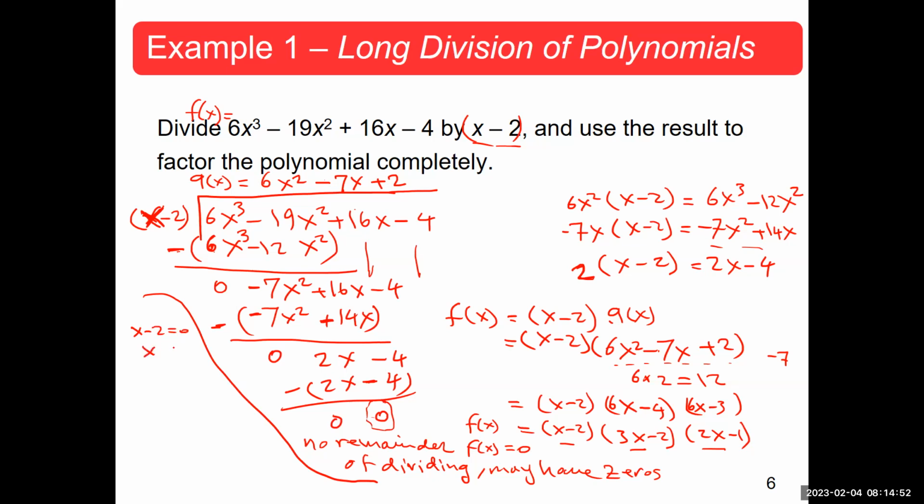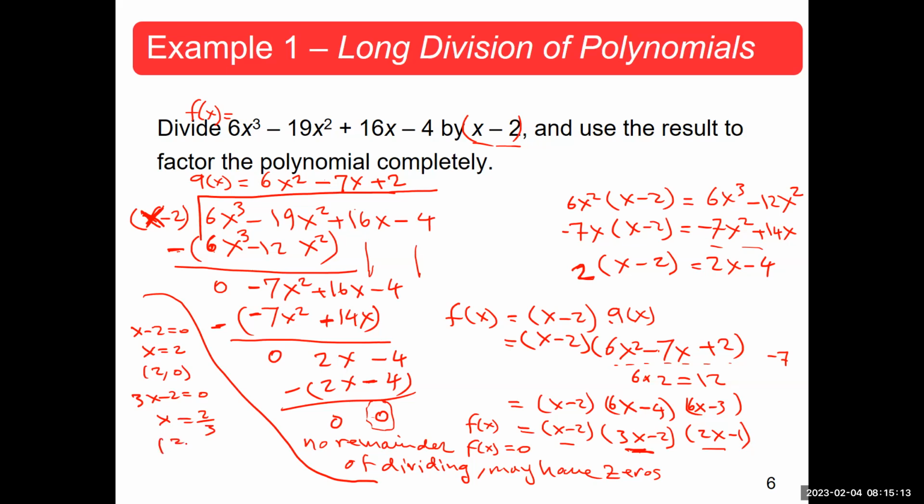That means x equals 2. Then the first zero is (2, 0). Then the next one, you say 3x minus 2 equals 0. That one here. And from here, x is equal to 2 over 3.